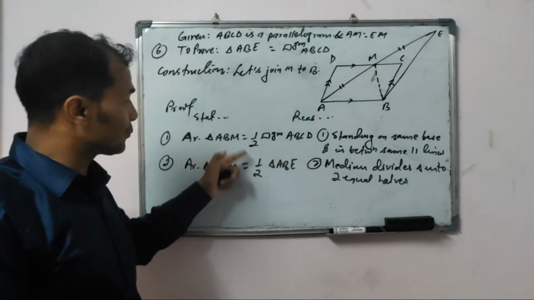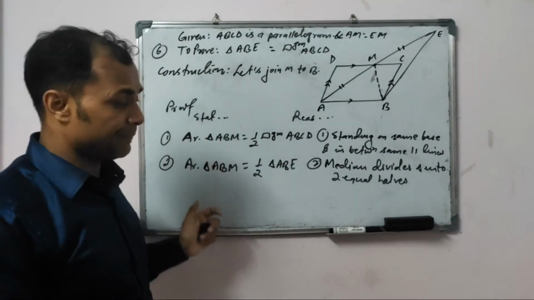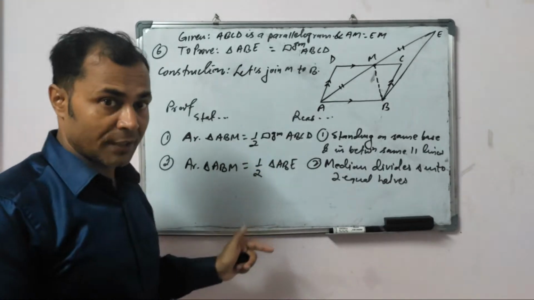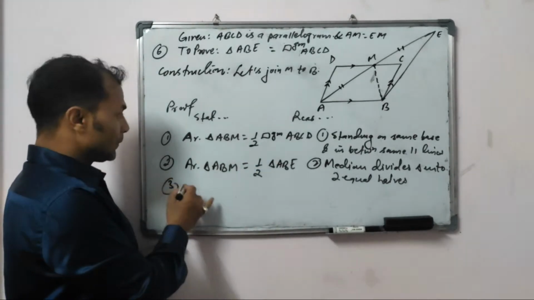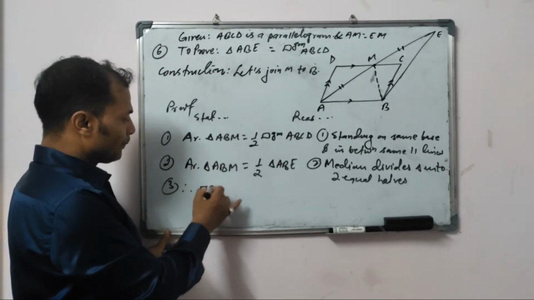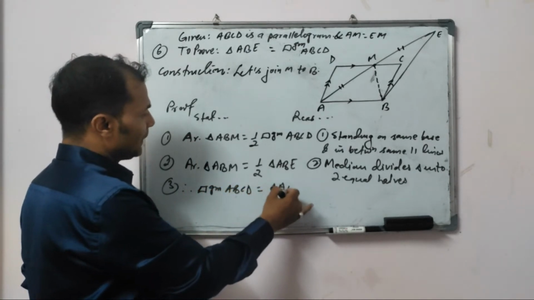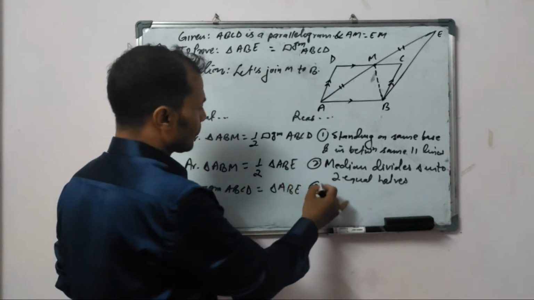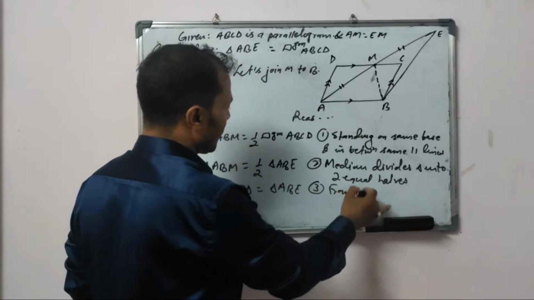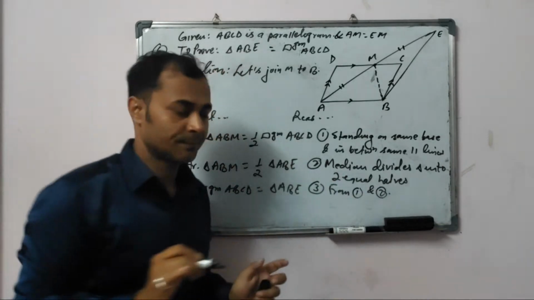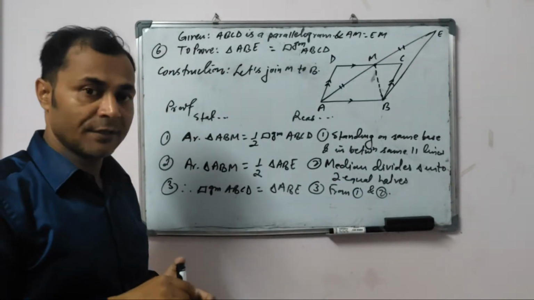So don't you think these two should be the same? Because these two are the same. So you get equal, number 3. Therefore parallelogram ABCD equals triangle ABE, from 1 and 2. So in this way we proved it.